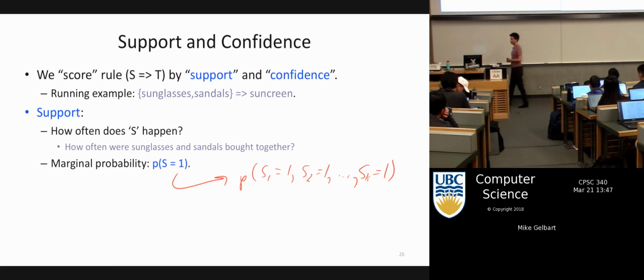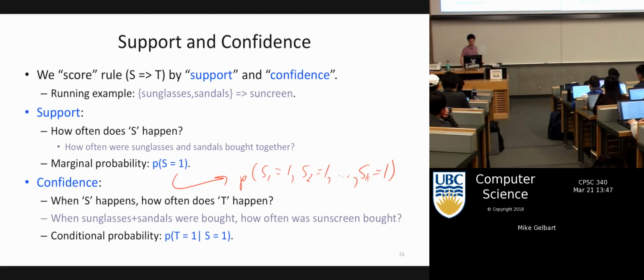Support refers to how often S happens, and you can think of it as a probability, and you can think of confidence as a conditional probability: given people bought the stuff in set S, what's the probability of buying the target item T?